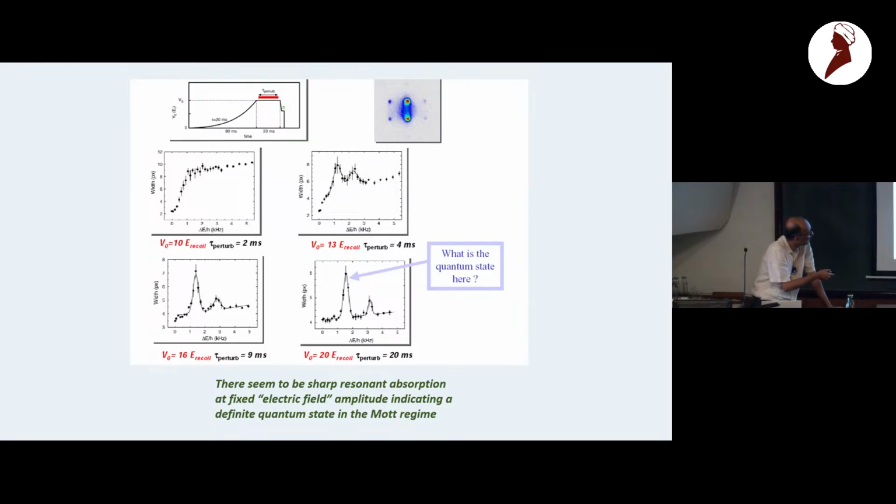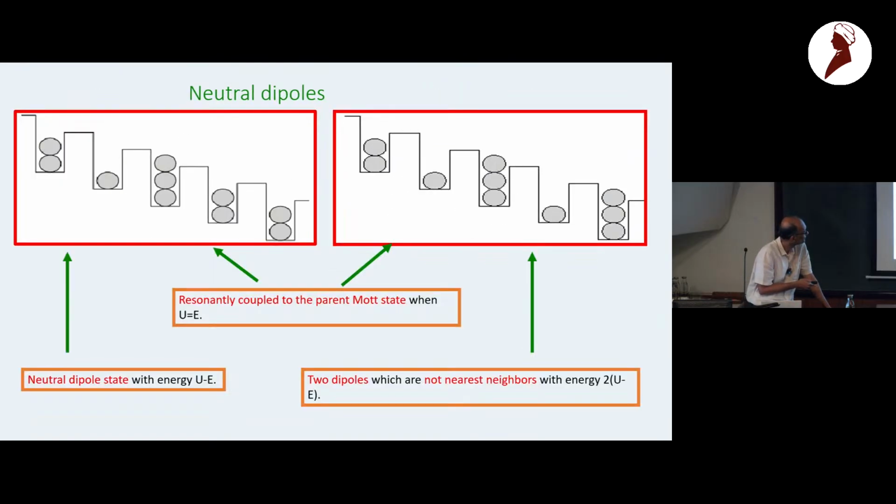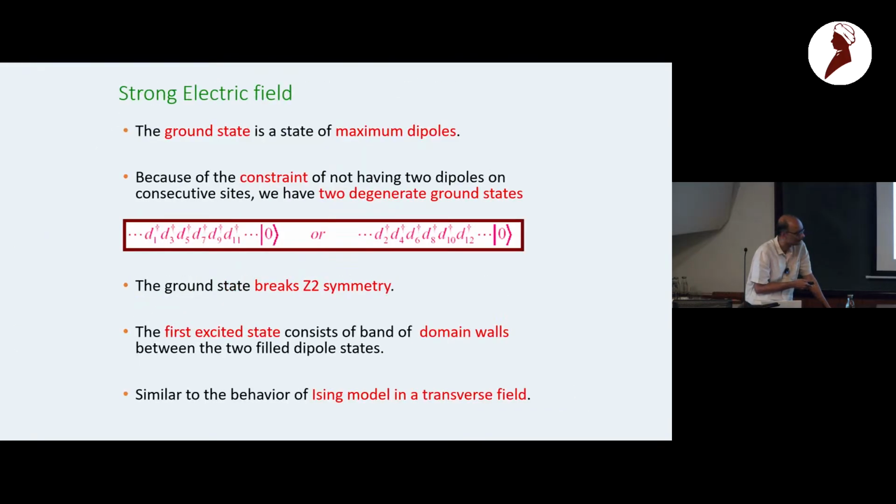We were mainly working in this regime where this U minus E is. What will happen there is that you are going to have a dipole, which is a particle and a hole separated by 2 sites. That's another possible phase, but we really didn't explore that phase. This is all ground state, yeah.